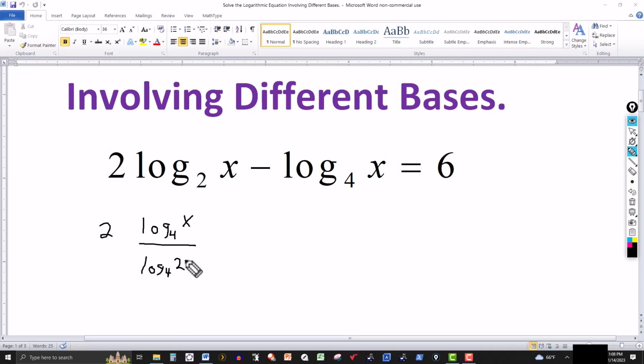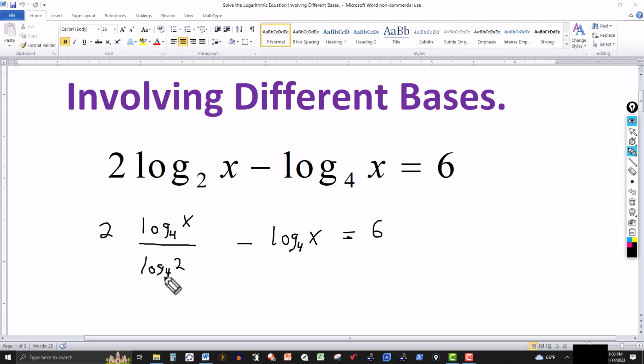You got that. Minus, okay, this one already has the base 4. So when you're solving a log equation, and the base is the same throughout, of course you can still use those other properties of logs to solve the equation. And here, first we're changing the base, and then we still can apply some of those properties that I just went over. So let's simplify this here.